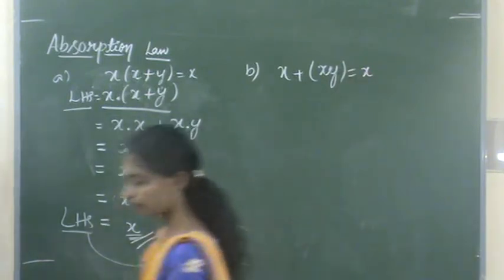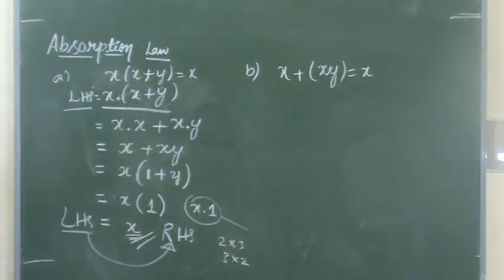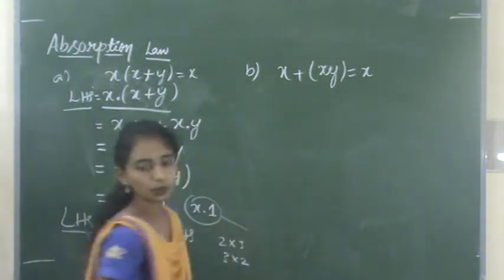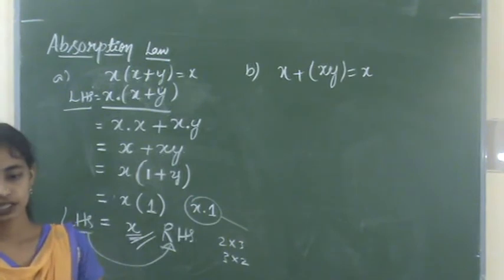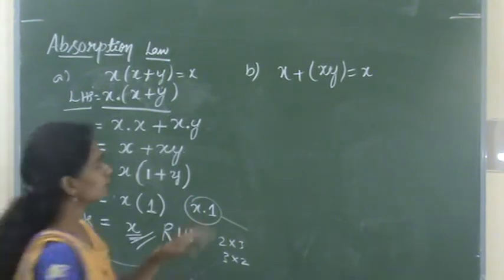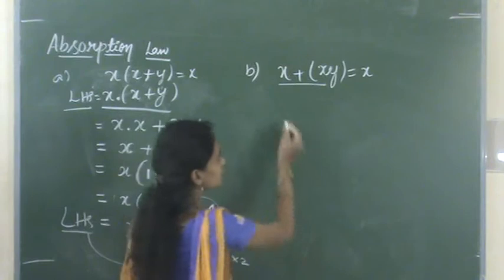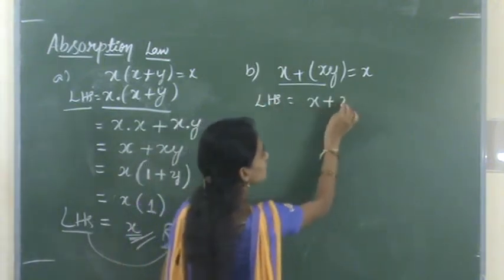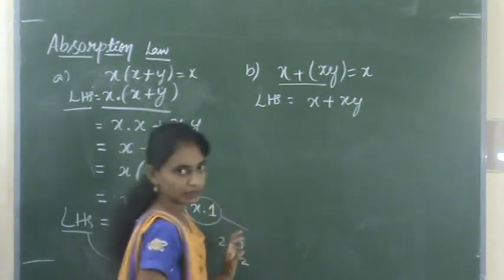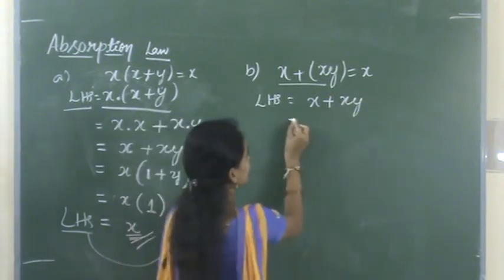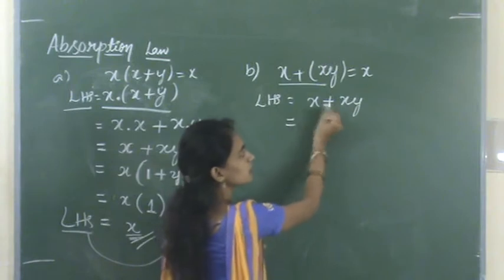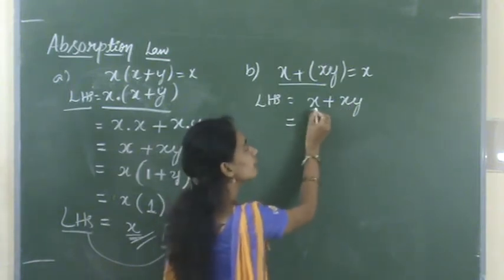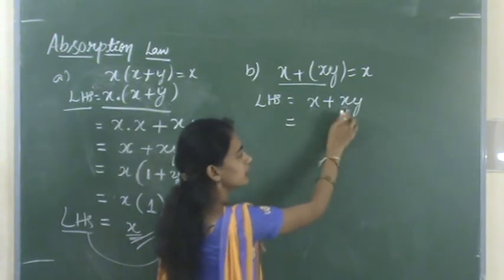Here also we have to perform the same steps. First we need to perform the AND operation. So first take this LHS part, x plus xy. In both terms we have a common factor, that is x.